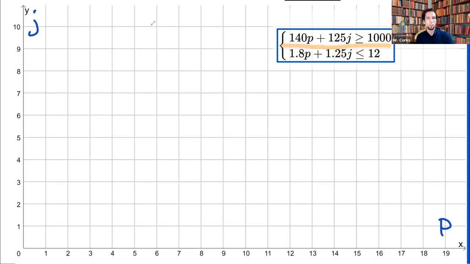Okay, that's better. Can you tell me again our P intercept and J intercept? The P intercept is 7.14. Okay, P and J, so 7.14. Okay. And J is 8.